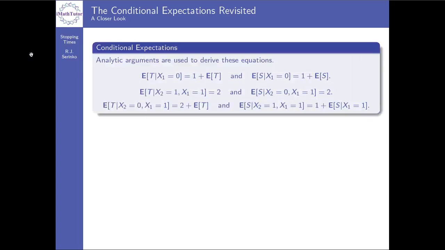In part 2 of this video, we're going to look at conditional expectations a little bit closer. So, what we're going to do is use analytic arguments to derive these various expressions for the conditional expectations.